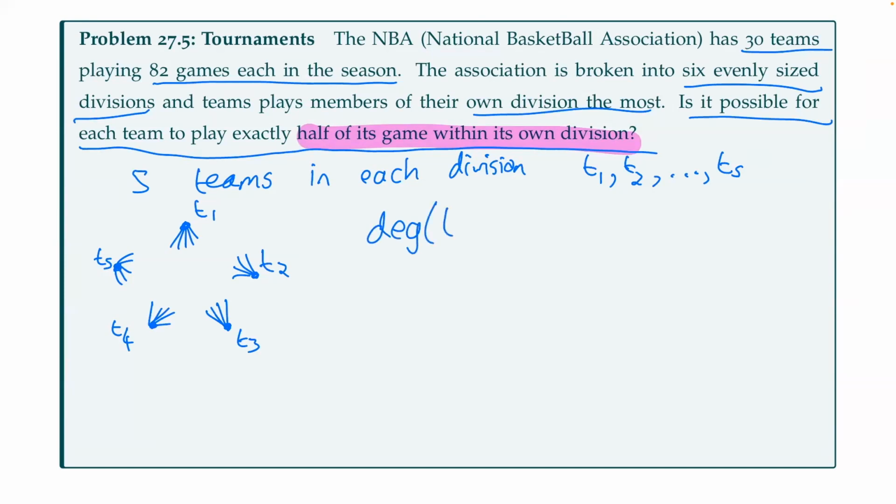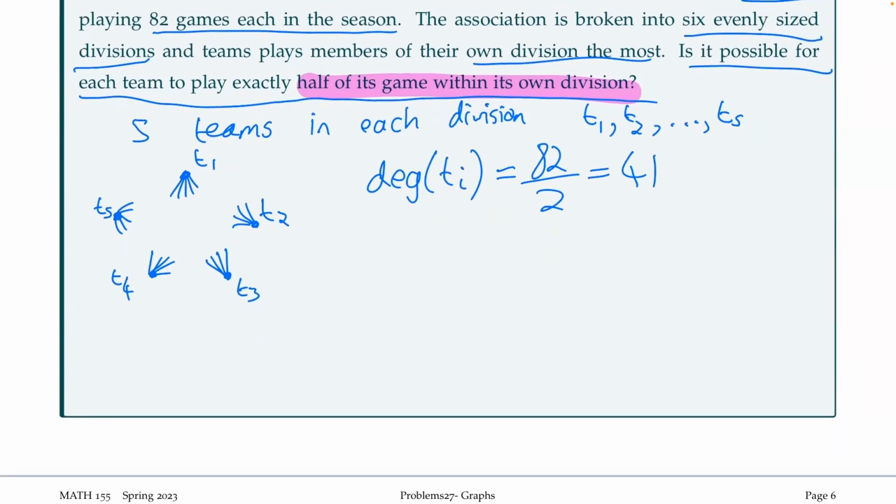So the degree of any team T_i in this graph is going to be 82 over 2. It's 82 games, and we want half of them to be within the division. That's 41. Okay. What happens then if we add these up? Take the degree of all of these teams from 1 to 5 and add them up.